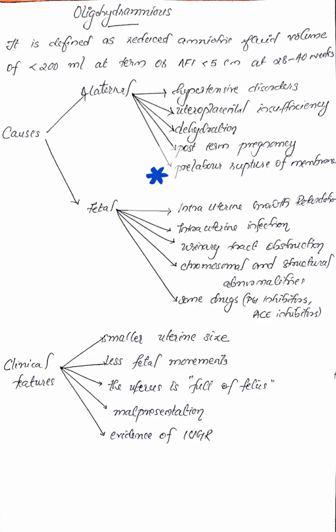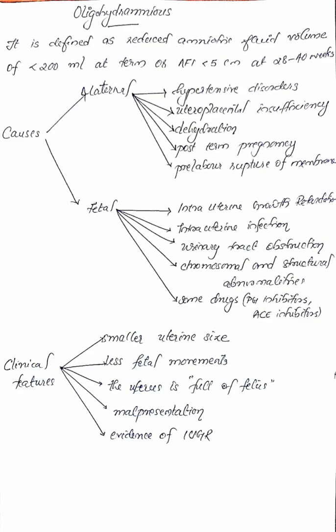The fetal causes are intrauterine growth retardation, intrauterine infection, urinary tract obstruction, chromosomal and structural abnormalities, and the effect of some drugs like prostaglandin inhibitors or ACE inhibitors.